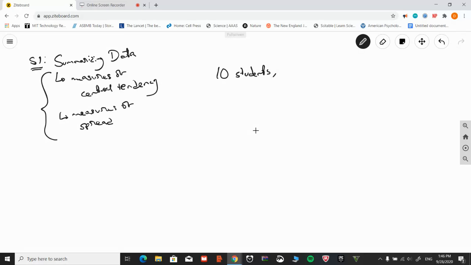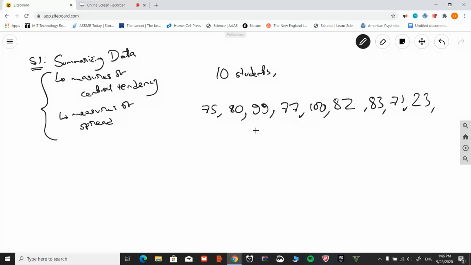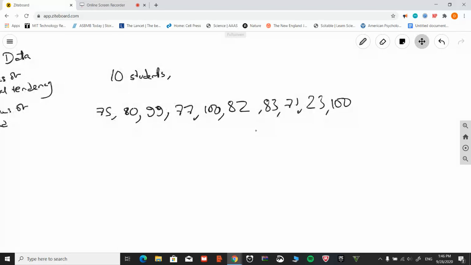So let's say these are the scores: 75, 80, 99, someone scored a 77, someone scored 100, 82, 83, 71, someone failed miserably with a score of 9, and let's say someone else also scored 100, all right? So these are the scores of the students who took the test.